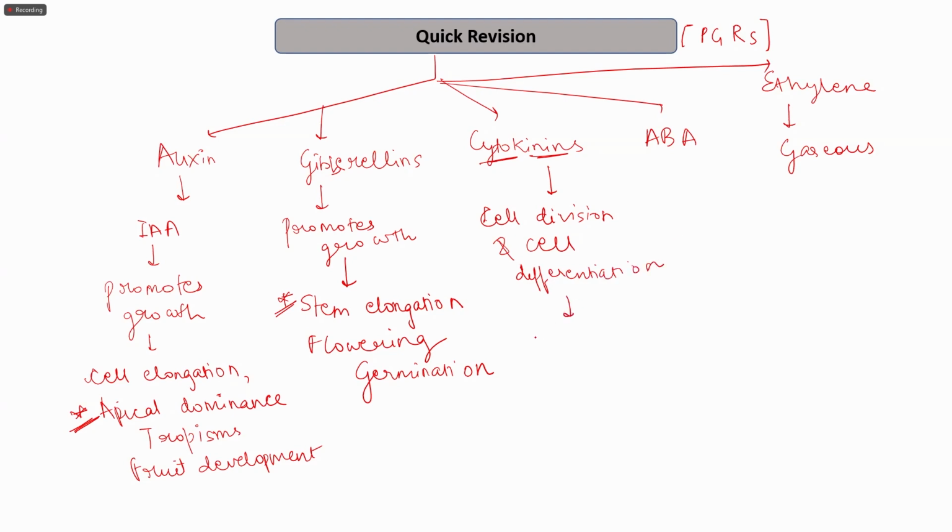Also, it suppresses apical dominance. So it is antagonistic to auxin in this way: apical dominance is promoted by auxins, but cytokinins suppress apical dominance and senescence.